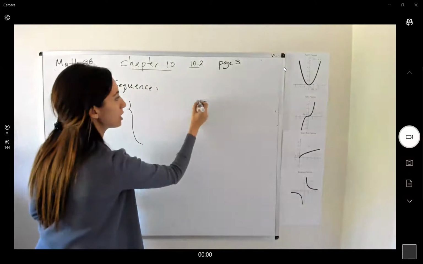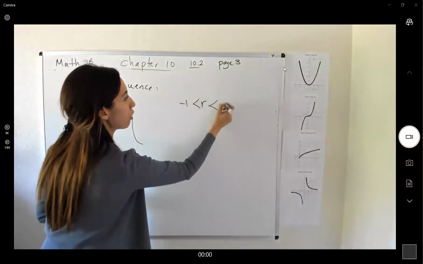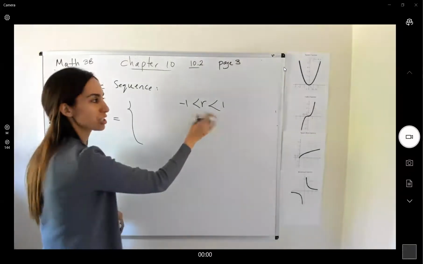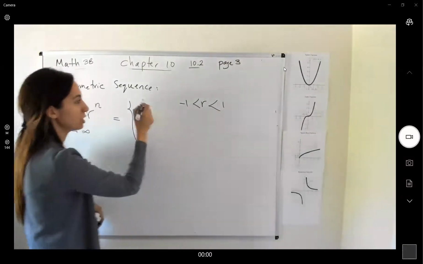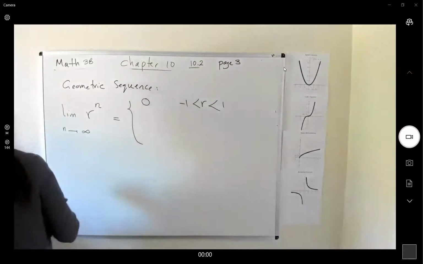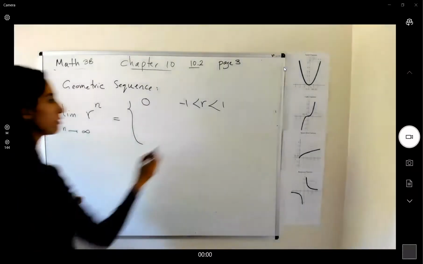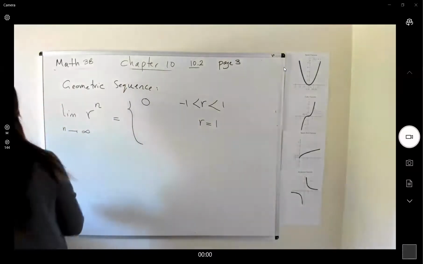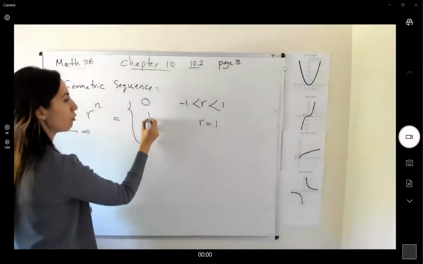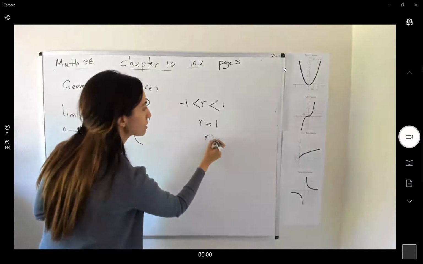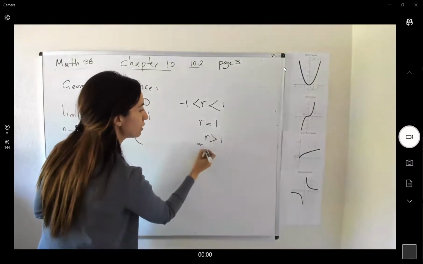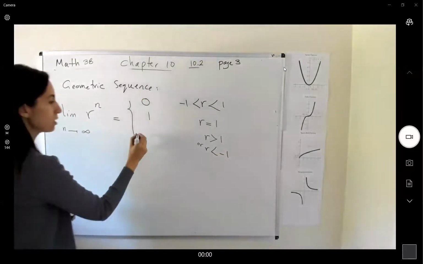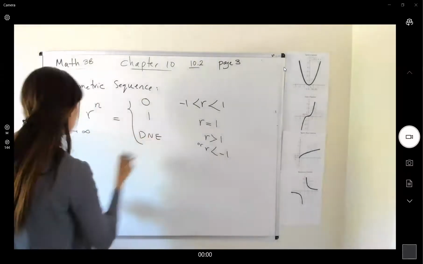If R is between -1 and 1, a fraction between -1 and 1, then the limit is 0. If the ratio R is exactly 1, then the limit is equal to 1. If R is greater than 1, or if R is less than -1, then the limit does not exist.